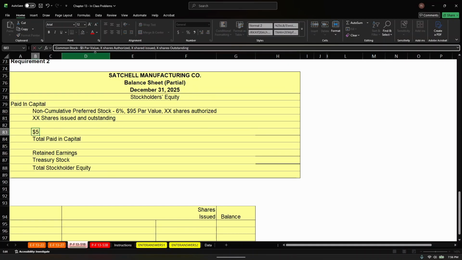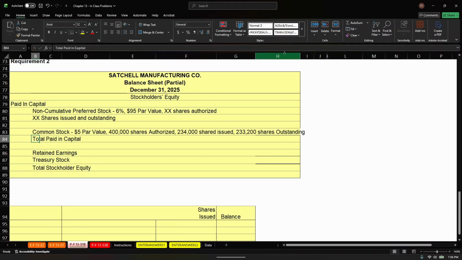The par value is $5. I know that from the original 10, and then after the stock split, it goes to 5. 400,000 are authorized. The number of issued was 234,000. And the number of outstanding is, I think, 233,200.